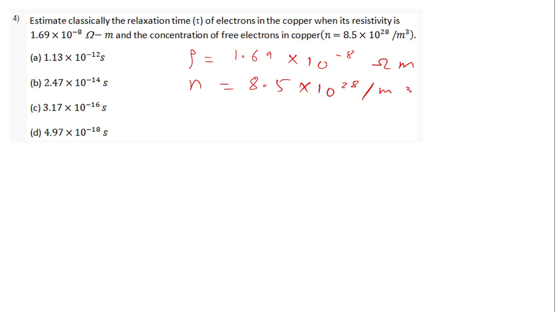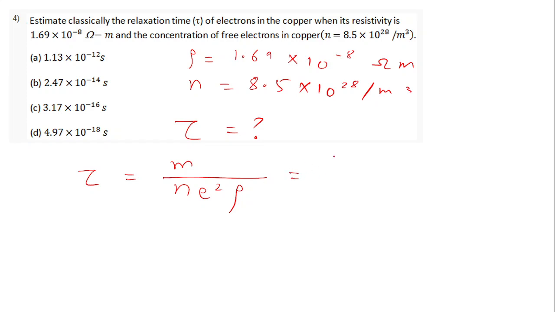And what we have to find out is relaxation time. The relation we can use is that relaxation time is given by mass of electron divided by number density, charge of electron squared, and resistivity.